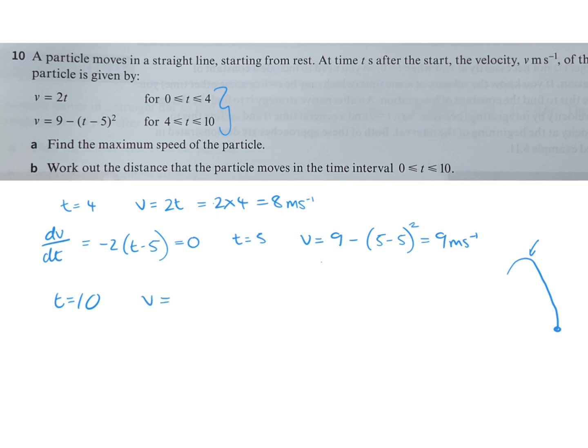When t is equal to 10, I have 9 minus 10 minus 5 squared, which actually gives me negative 16 meters per second, and that's our velocity. But remember that speed is the magnitude of velocity. So actually our maximum speed would be 16 meters per second when t is equal to 10.